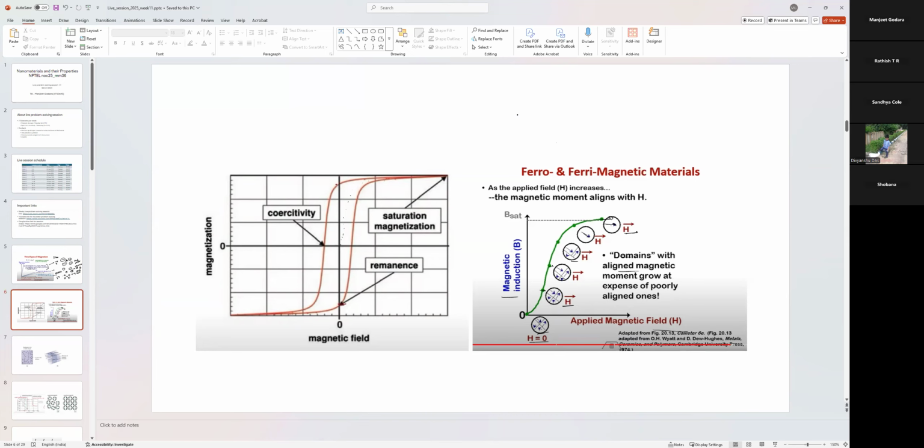However, now that you have introduced magnetic moment inside the material, even when you remove this applied magnetic field, there will still be some induced magnetic field left. The material has been magnetized.